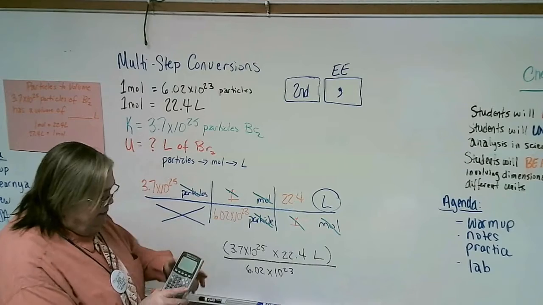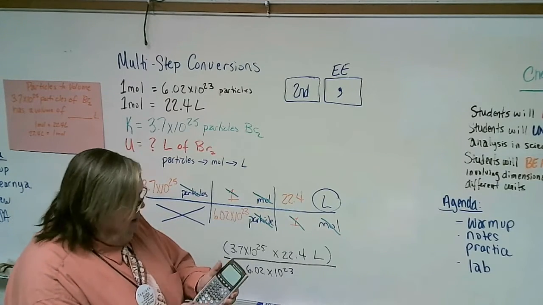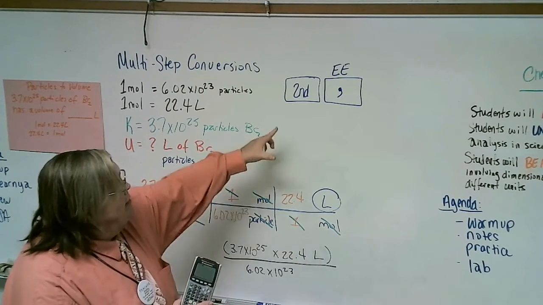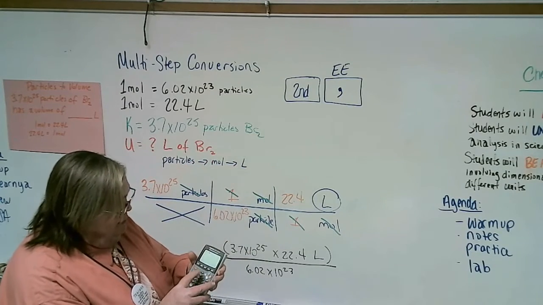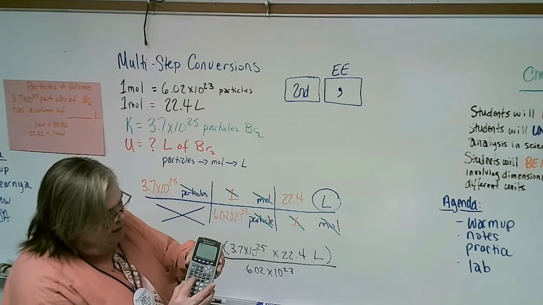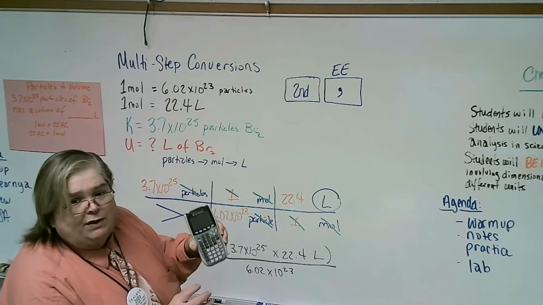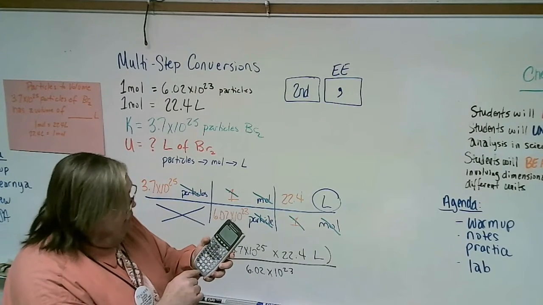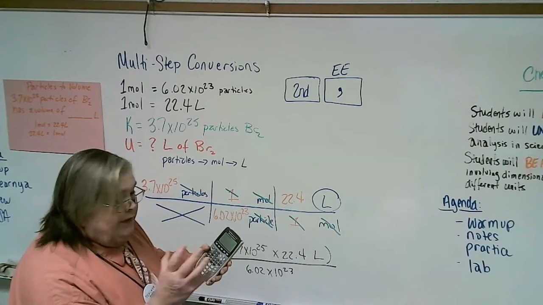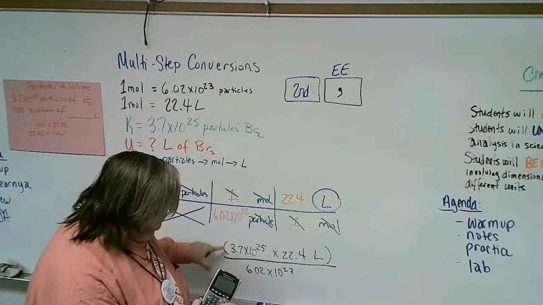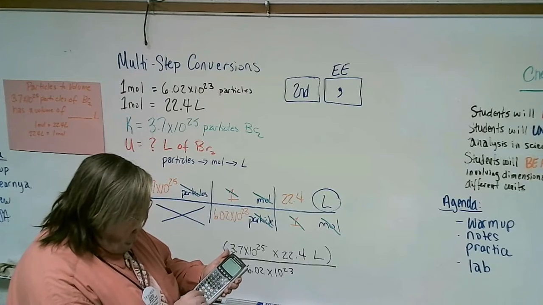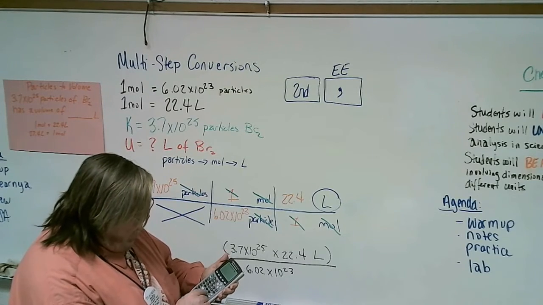Open parentheses, 3.7, second function, and right above the 7 is the comma. Push that, it gives you a little E on the screen, and we put in 25. That gives us this part of it. Then we put in multiply and 22.4.